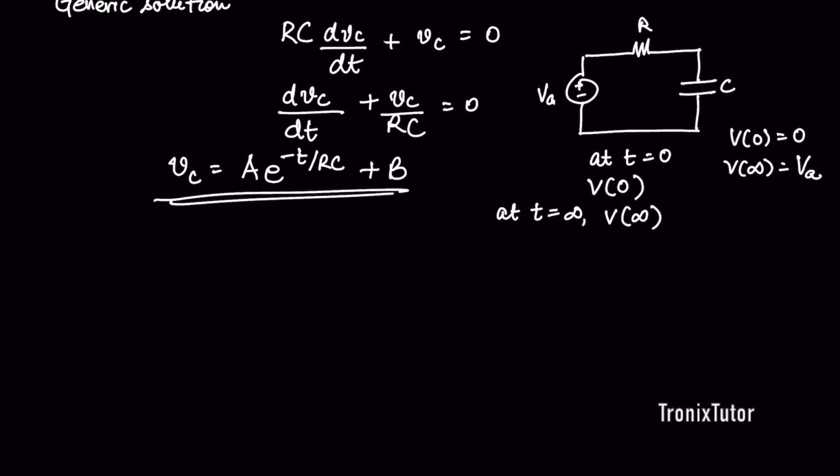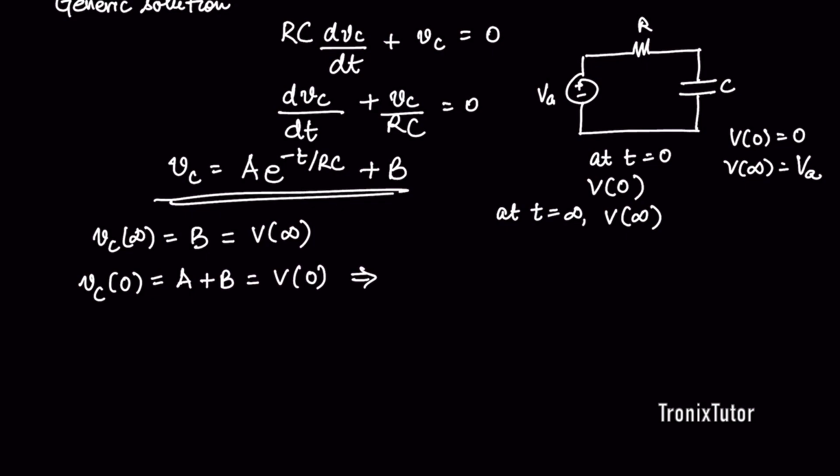Right? So Vc of infinity is going to be equal to B, and that is equal to V of infinity. And Vc of 0 is going to be equal to A plus B, and that is equal to V of 0, which implies A is equal to V of 0 minus V of infinity.